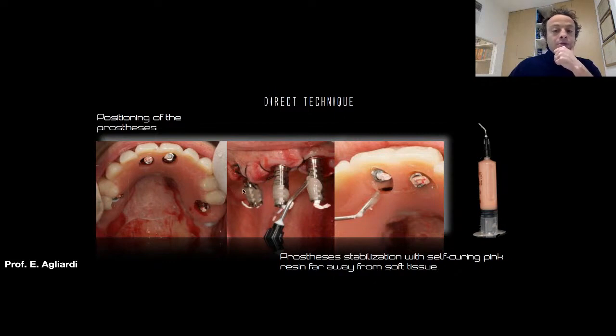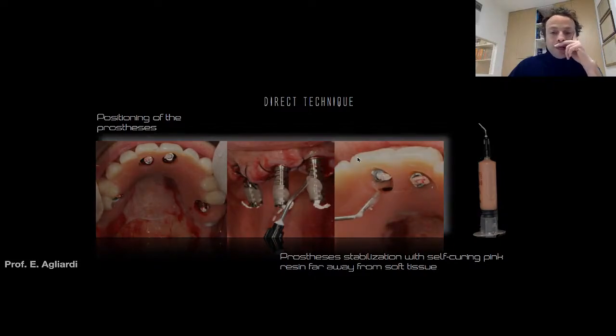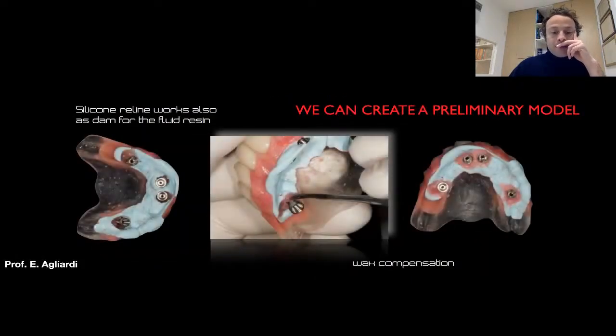Then you can use acrylic or composite, and this is the direct technique. So we fix the prosthesis immediately in the mouth using the material. Here we have used some pink acrylic, but of course you can also use a white one. In this area there is no aesthetic concern.